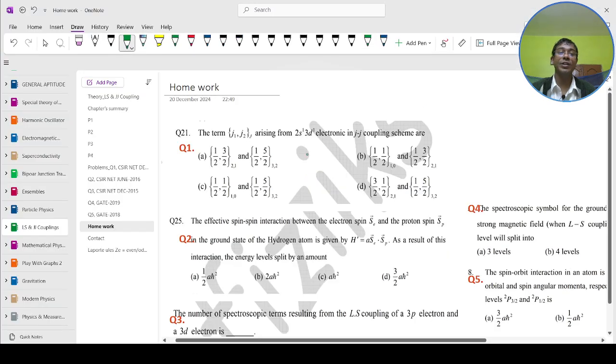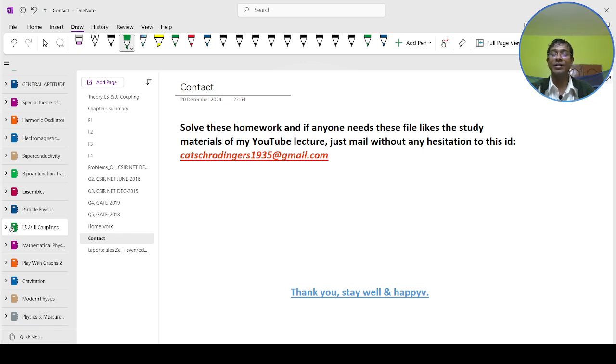So finally we just covered 10 questions from the LS and JJ coupling. I think after doing all the questions, you should solve all the problems coming from the LS and JJ coupling and the topic atomic and molecular physics, and you should not leave any topic and any chapter from the CSIR NET. Basically in the next exam, the questions are coming from the unimportant topics also.